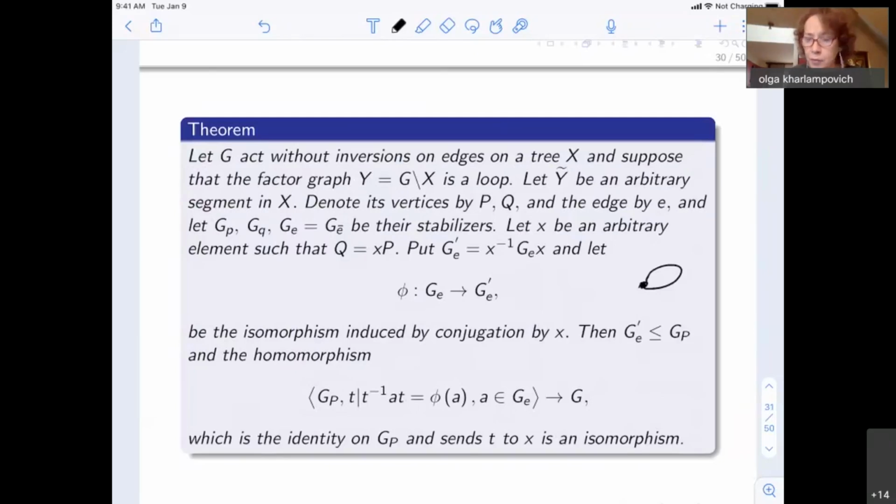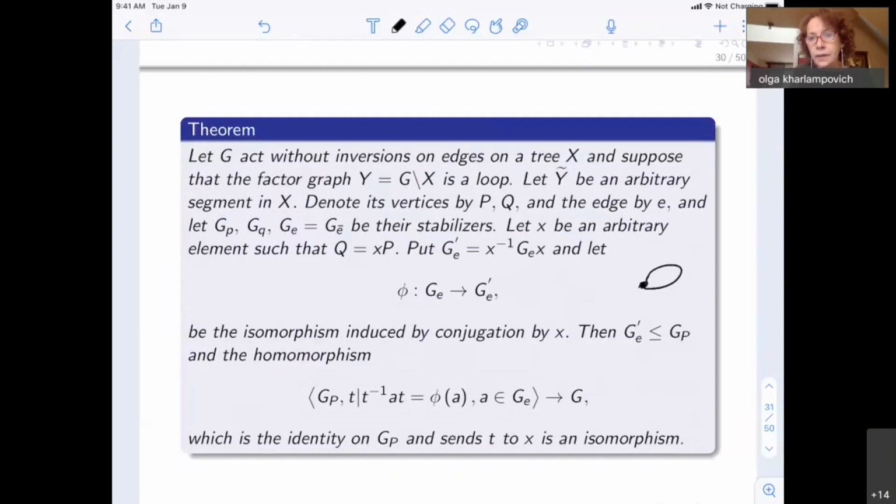I mean, they're in the same orbit, right? Because the graph of orbits only has one vertex. So in the tree, all vertices are in the same orbit. So let X take P to Q, and denote by G prime the conjugate of the stabilizer of H by X.